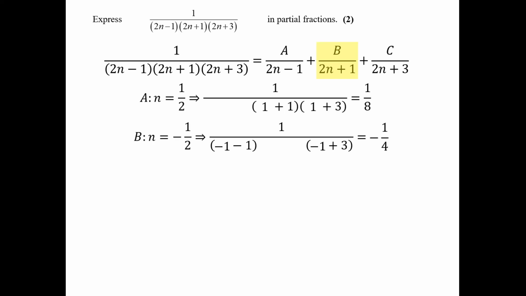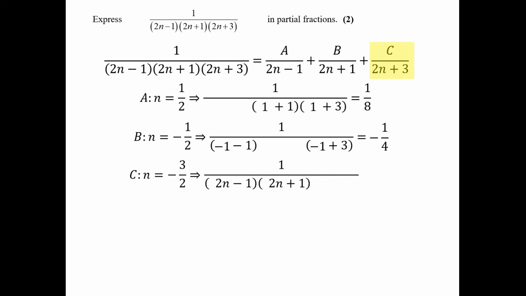That'll give me minus a quarter. Get the c. Well, to make the bottom line 0, I need to make n minus 3 over 2. And I'll cover up the last factor this time, the 2n plus 3. So the 2n is minus 3, so minus 3 minus 1 and minus 3 plus 1. Both negative, minus 4, minus 2, that gives me 1 over 8.